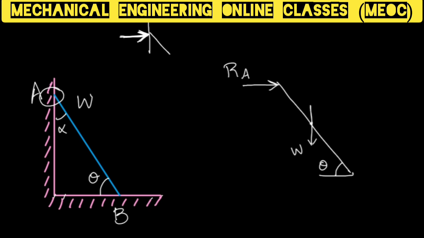Now this ladder is also taking support at B. It is in touch with the horizontal floor at point B. Because the floor is horizontal, the normal reaction will be towards the object of interest and perpendicular to the contact surface. Because the contact surface is horizontal, the normal reaction will be vertical. So the direction is vertically upward towards the object of interest, and let this reaction be RB.